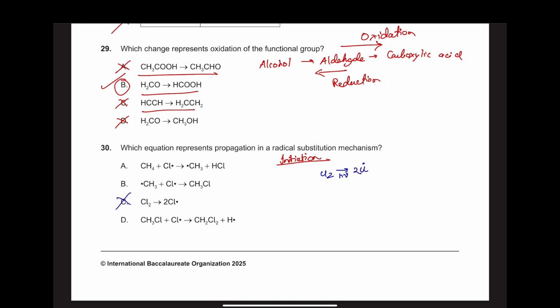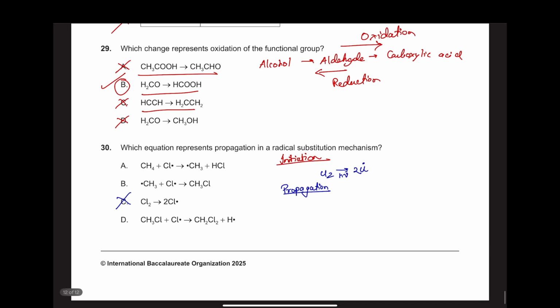So C can be eliminated because that's the initiation step. Another way of identifying an initiation step is if you have more free radicals on the product side as compared to the reactant side. Then propagation. In a propagation step, the number of free radicals on both sides will be equal.